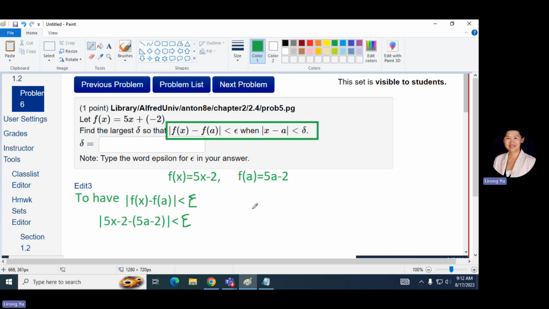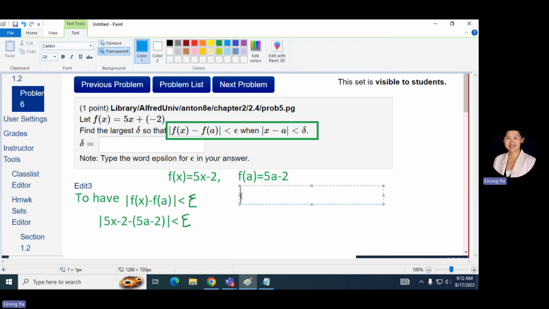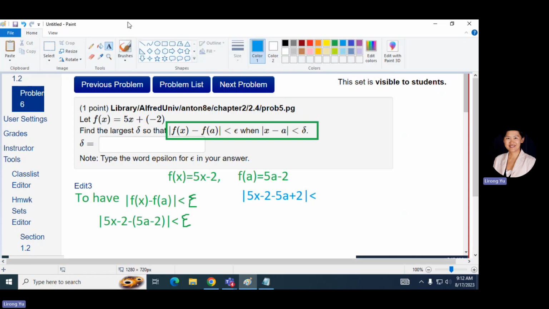Then we remove the parentheses, which causes a change of sign because of the negative sign before the parentheses. So we will get the absolute value of 5x minus 2 minus 5a plus 2, and this is less than epsilon.